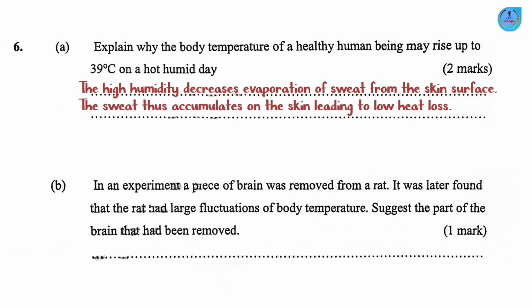Why am I saying so? Because with its removal, the rat experienced fluctuations, erratic changes in the body temperature. So, the part of the brain that was removed will definitely be the hypothalamus, because this is the part of the brain that is responsible for thermoregulation.